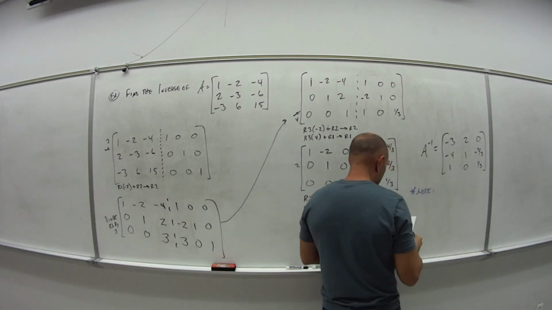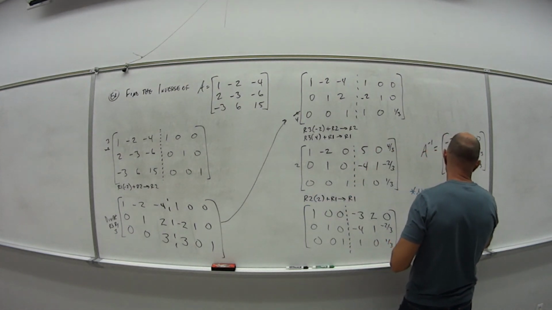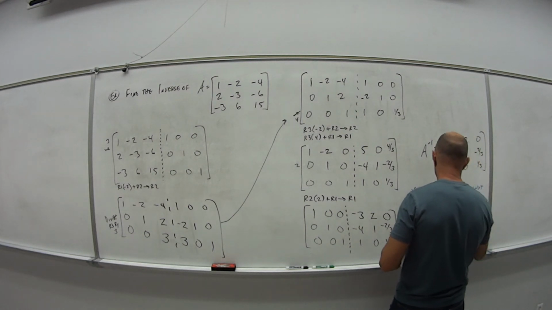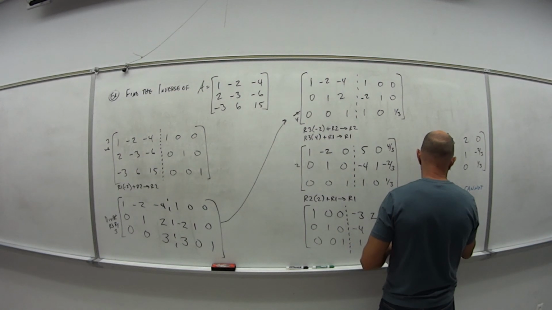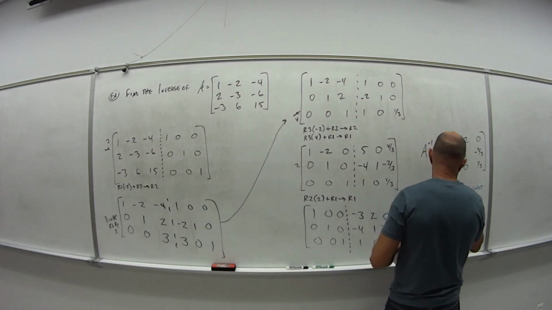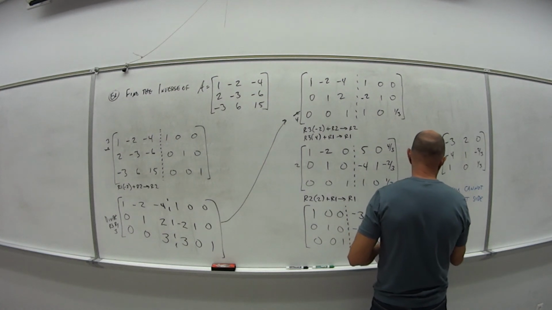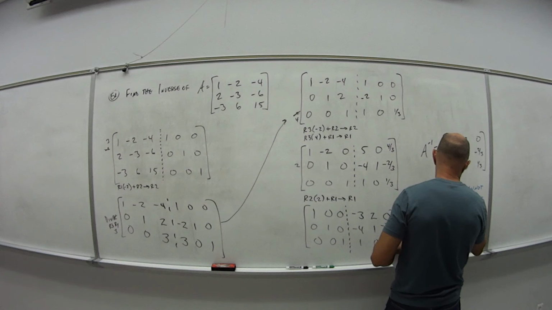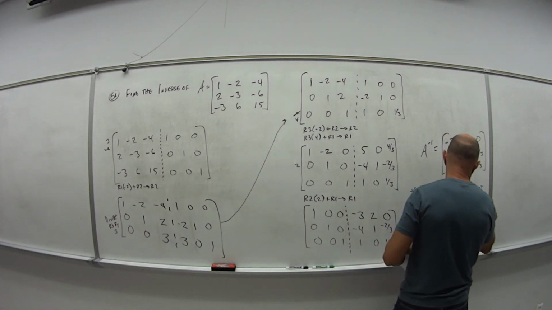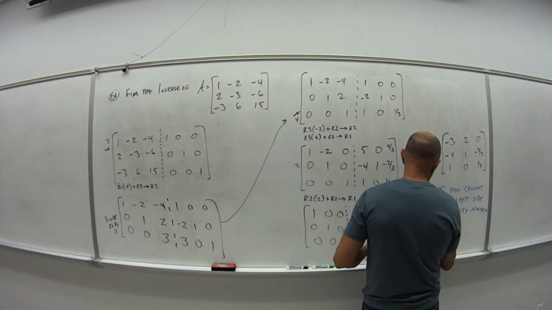So note, if you cannot convert the left side to an identity matrix, there is no inverse.